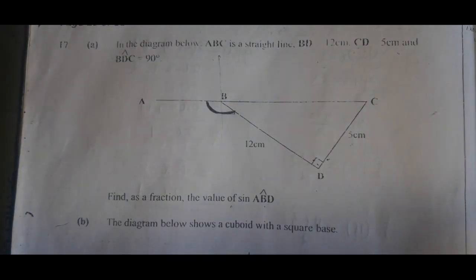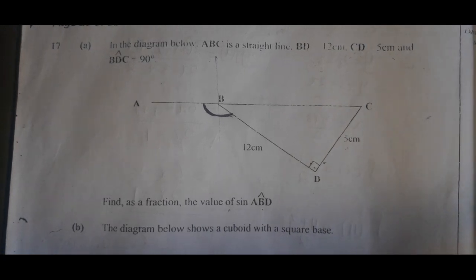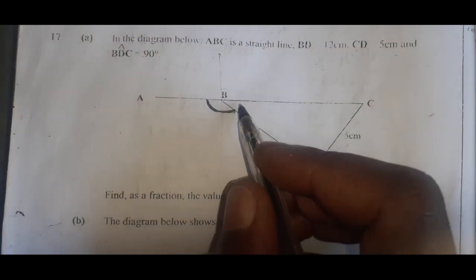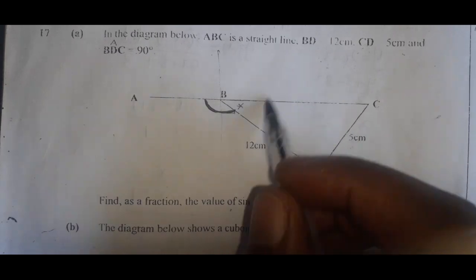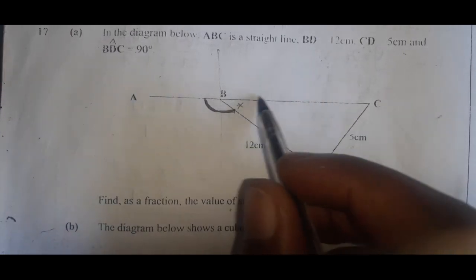So what are we supposed to do here? It's important that we first find this side here. How do we find it? We need to use Pythagoras theorem to find this other side that is missing.